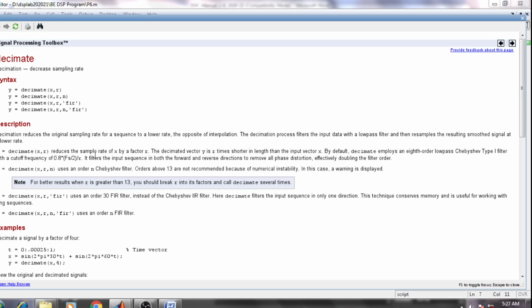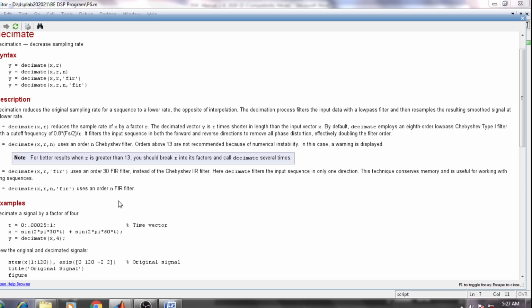The sampling rate of x is reduced by the factor r. This function operates over the Chebyshev filter, which means internally the decimation process adopts the Chebyshev filter concept.